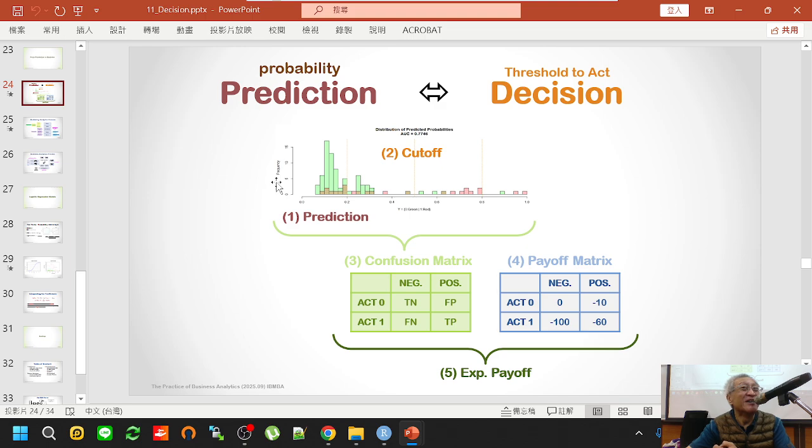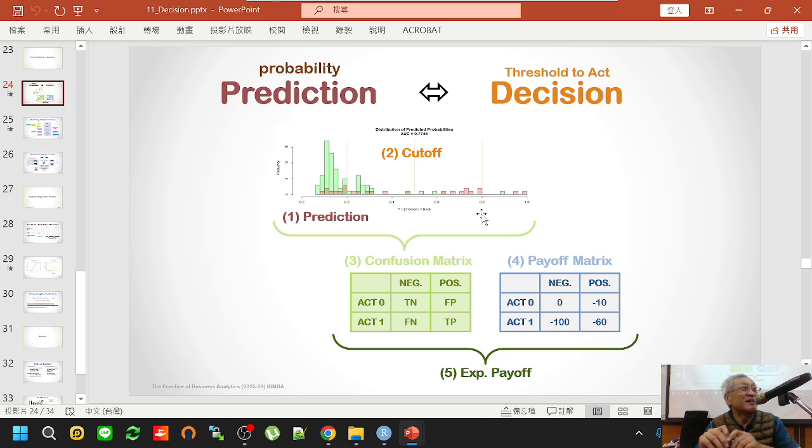In our data, we have some poor care patients, and there are patients who are actually good care. This histogram is the result of the prediction. You build the model, and after you do the prediction, you have this distribution of predicted probability.